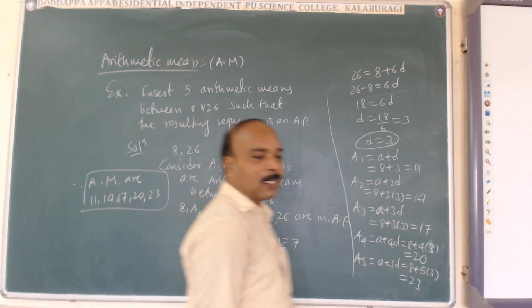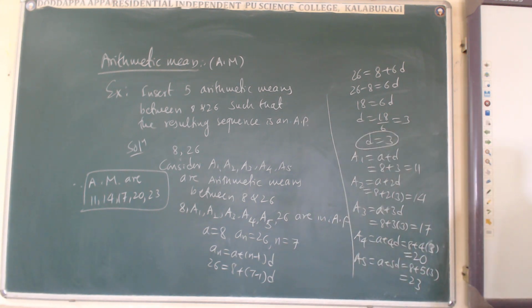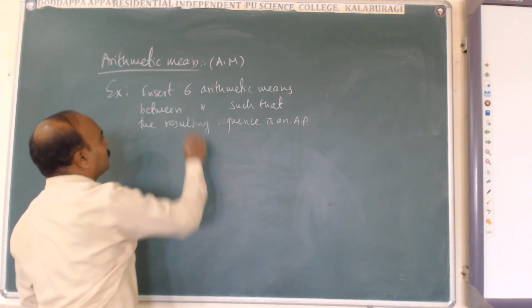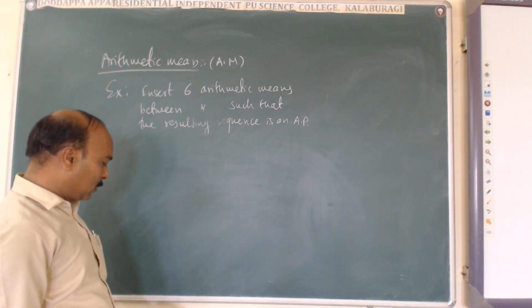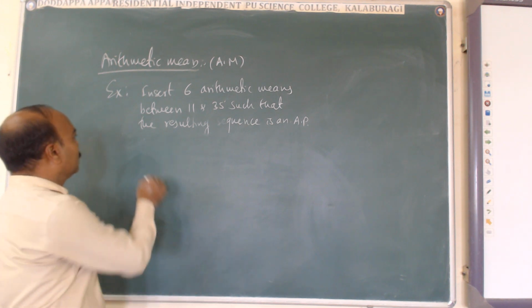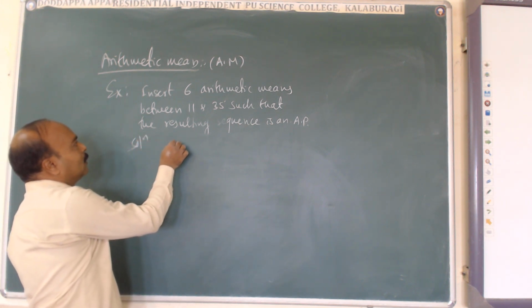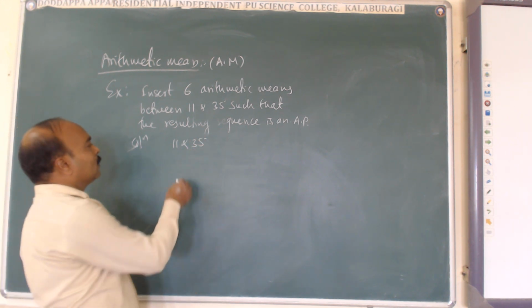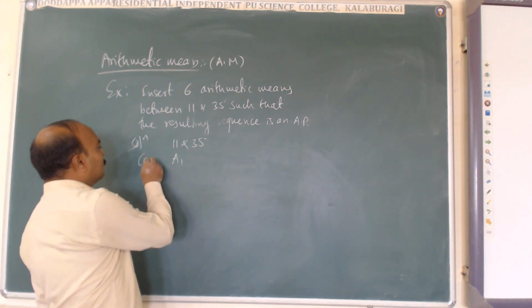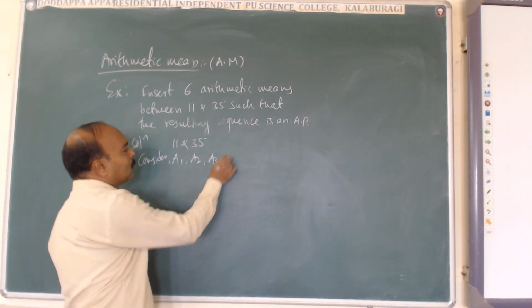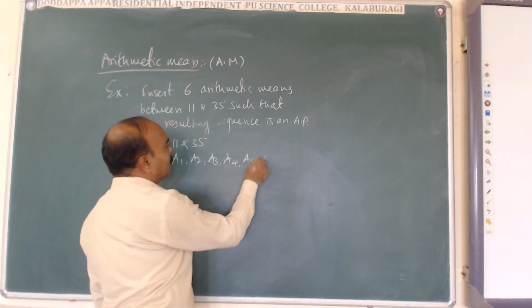Like that we solve another example. That is, insert 6 arithmetic means between the numbers 11 and 35. Now here also same, the given integers are 11 and 35. Using this you find 6 arithmetic means. We consider them as a1, a2, a3, a4, a5 and a6.